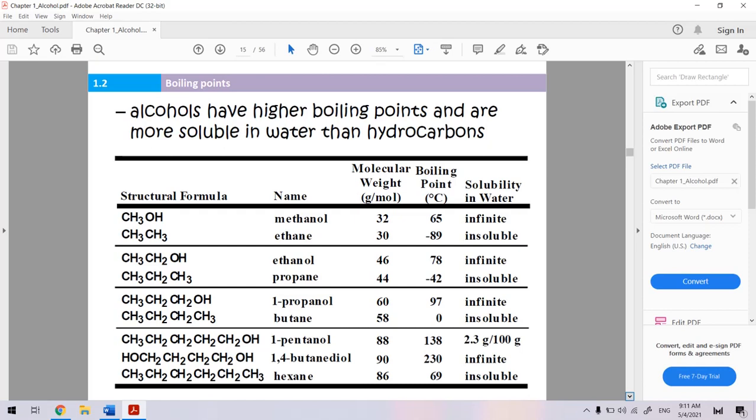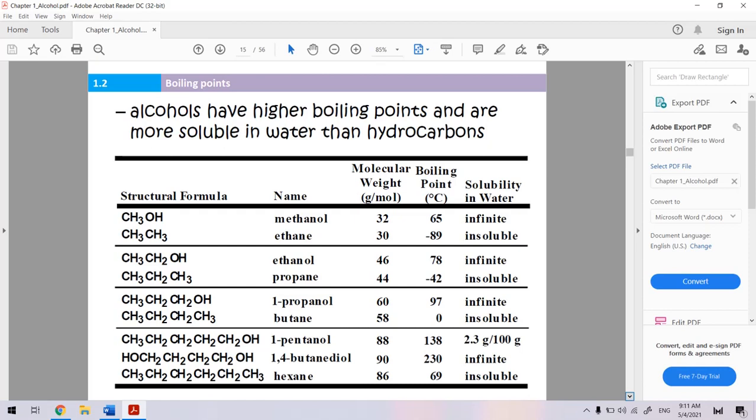Okay, if we compare with the boiling point, let's say here, when you have a straight chain alcohol, here is 1-propanol and 1-pentanol. When the number of carbons in the structure increases, for 1-propanol you have 3 carbons, here you have 5 carbons.